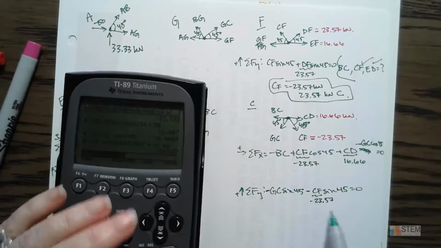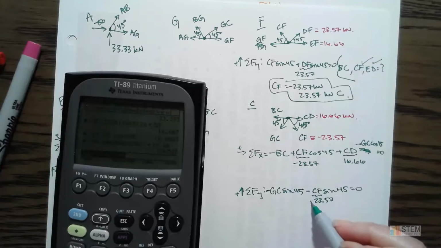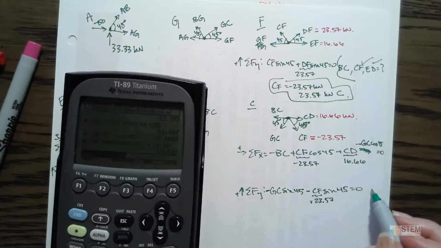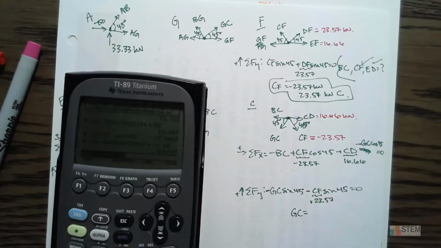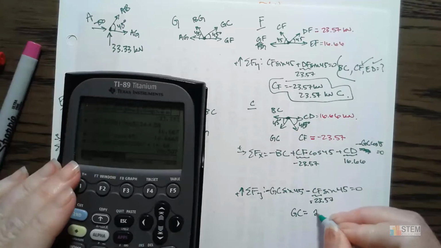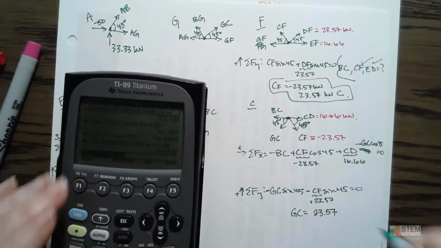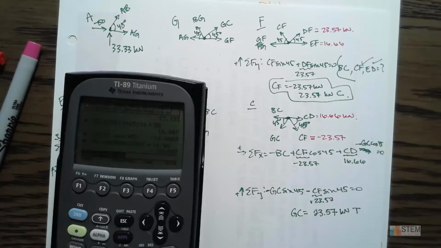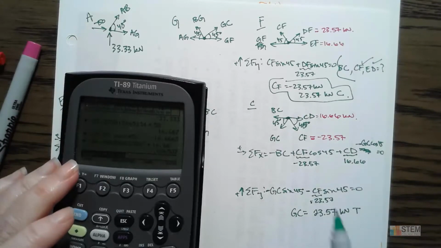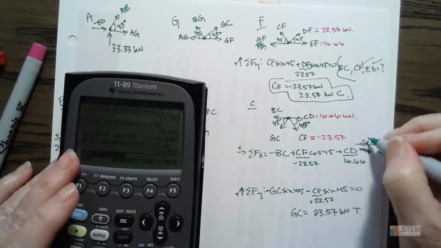So now if we have this, we've got negative, negative, that's positive. We take it over, becomes negative. Divide through by the negative sine 45. So then GC is going to be 23.57 kilonewtons. That's tension.